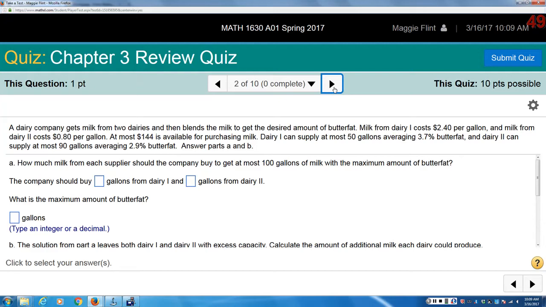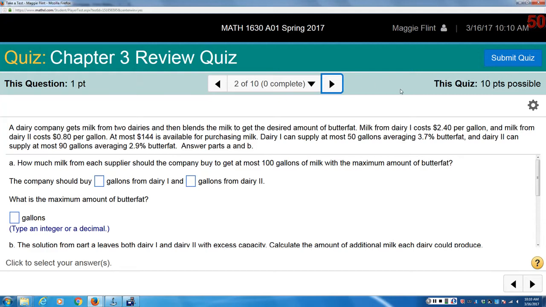I just wrote down the desired amount is 100 gallons at most, with the maximum amount of butterfat. And then it gives us two blanks to fill in for how much they're going to buy and how much is the maximum butterfat.